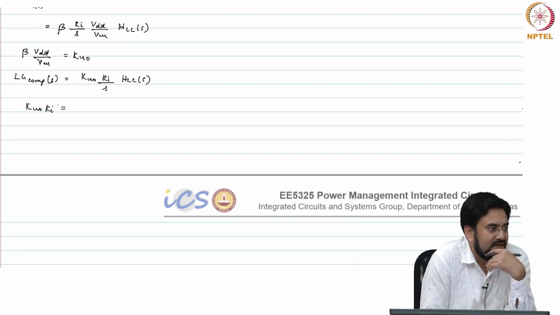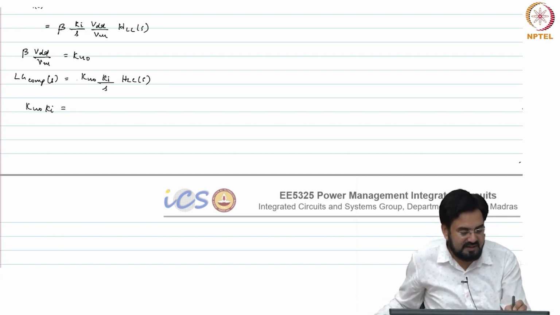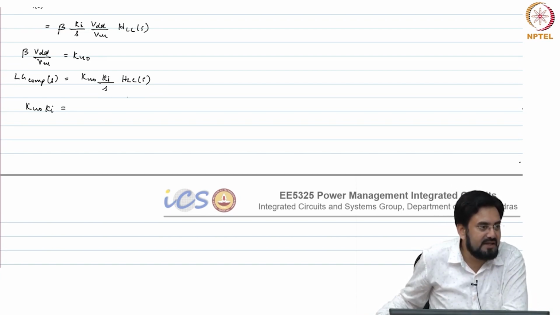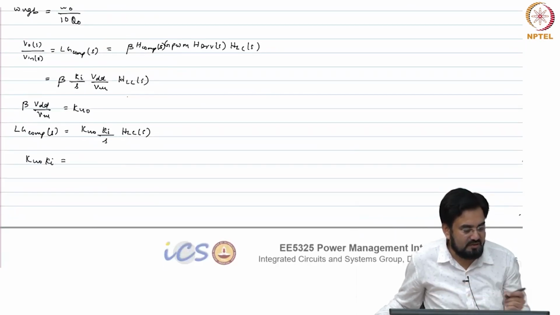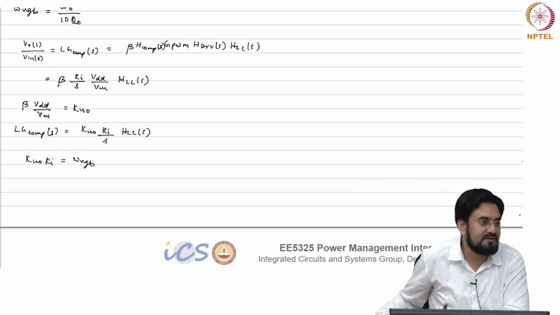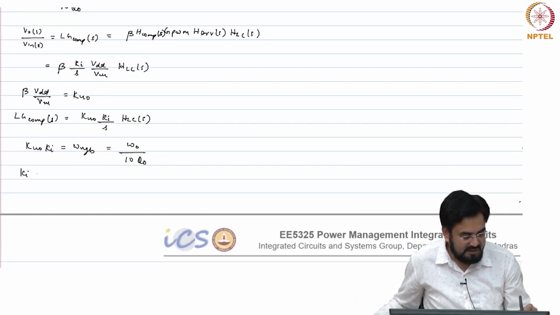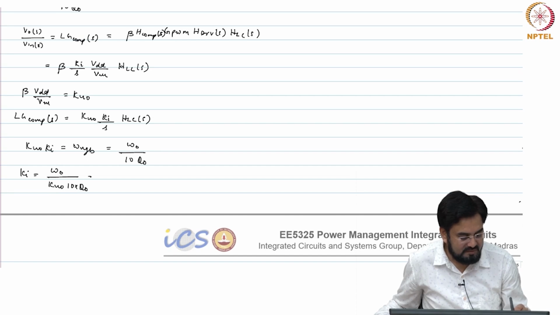And if you have an RC integrator, it will be 1 over RC. If a GM, it will be GM by C. And you know the UGB. Now this factor has become KU0 into KI, and UGB is already known, so this will become omega UGB, which is nothing but omega naught over 10 times Q naught. So your KI should be omega naught over Q naught, over KU0, times 10.